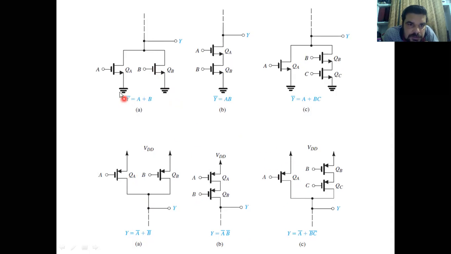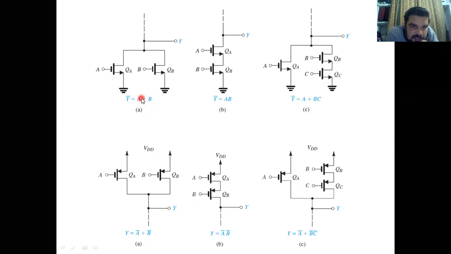In case of the pull-down network, let's consider this example: Y complement equals A plus B. In order to design this pull-down network, this combinational logic is already in the form Y bar equals inputs. The inputs are in active high form, so we can directly design them.